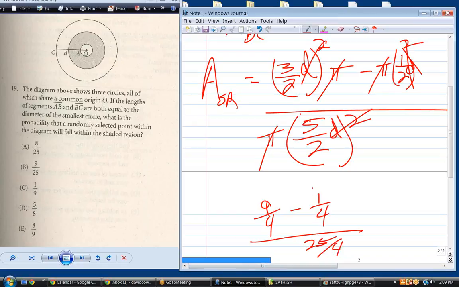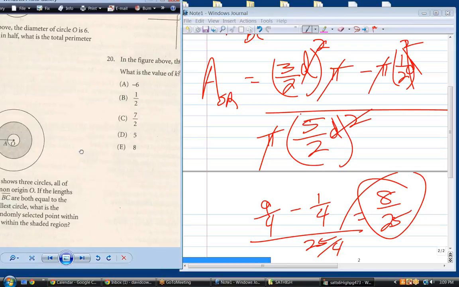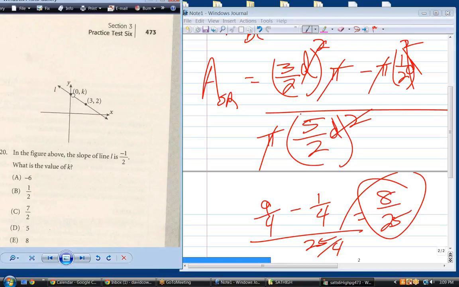That's 8/4 over 25/4, 8/25. That is an answer. Doesn't mean it's the right answer, but I definitely see where I made the mistake the first time. I canceled out the D and the squared, and yet the squared applied to the 3/2 and the 1/2 and the 5/2. So, all right. It's a fairly high degree of difficulty one, for sure.